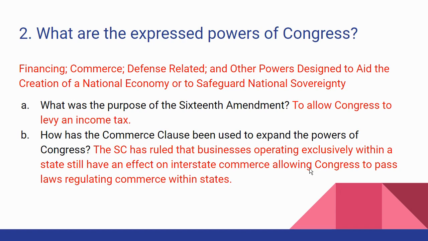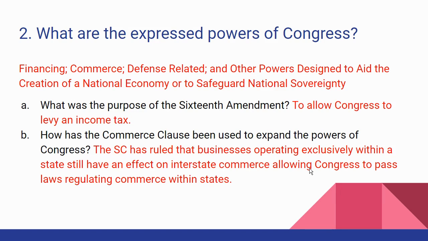So, for instance, there was a Supreme Court case in 1964 where there was a motel in Atlanta that did not want to desegregate. The Civil Rights Act of 1964 required businesses doing business with the public to desegregate. They didn't want to do that. So they said that because we are a motel in a particular city, we don't have to follow that law because we're not part of interstate commerce.